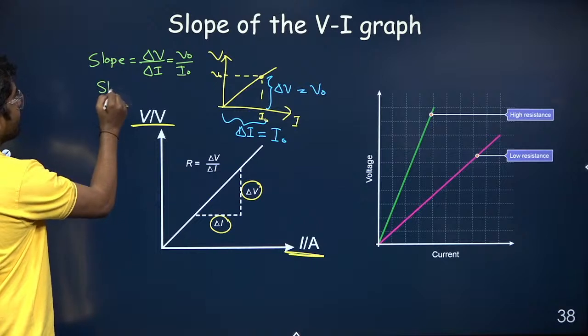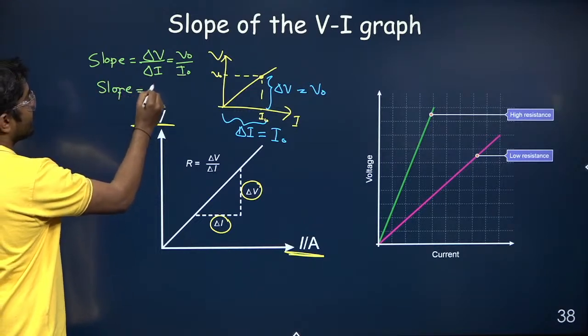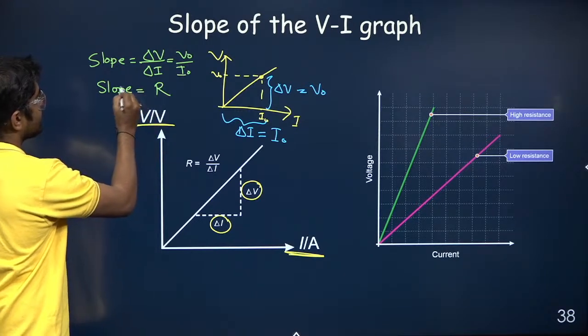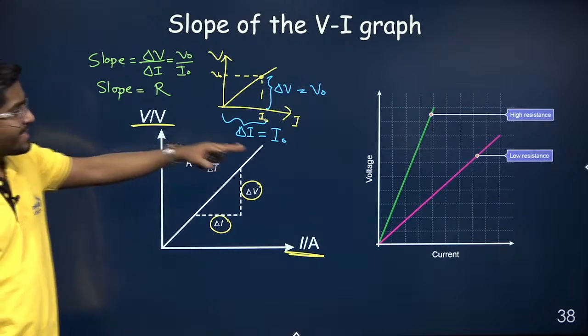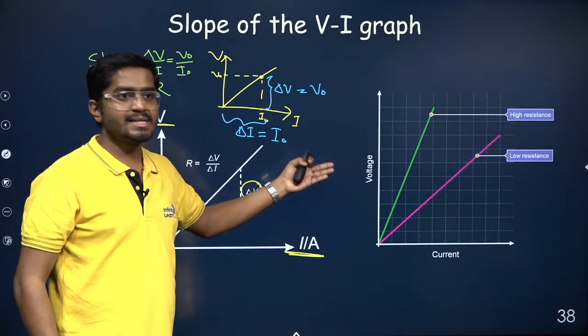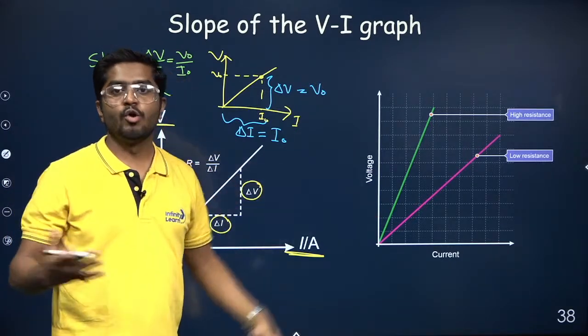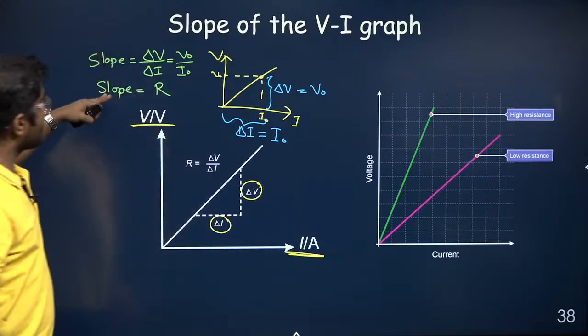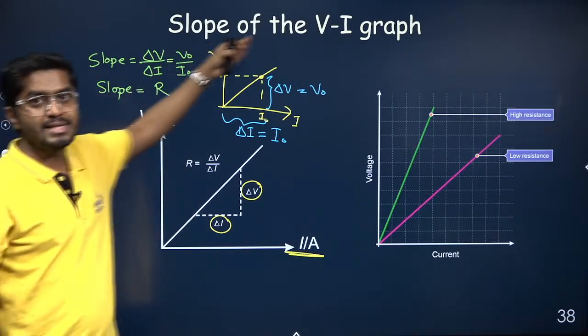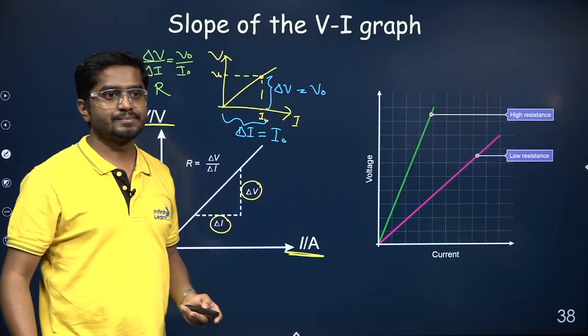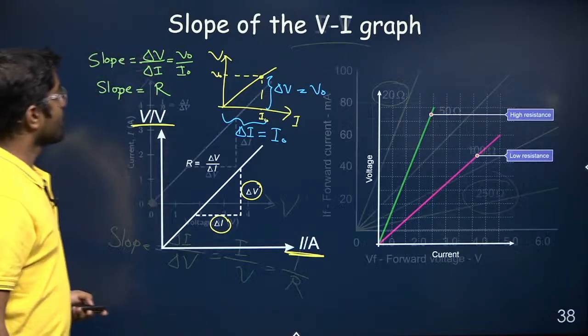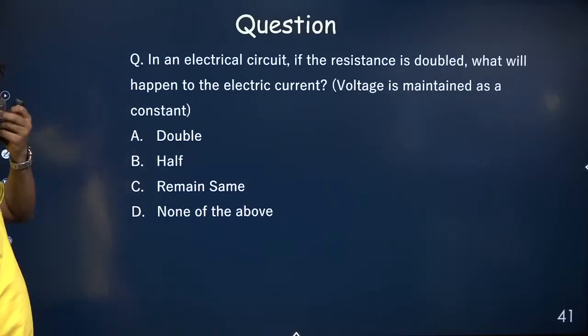So the slope for this graph is resistance. Correct? So higher the slope, higher will be the resistance. Lower the slope, lower will be the resistance. That's how this graph can be analyzed. Clear? Okay, let's solve more questions.